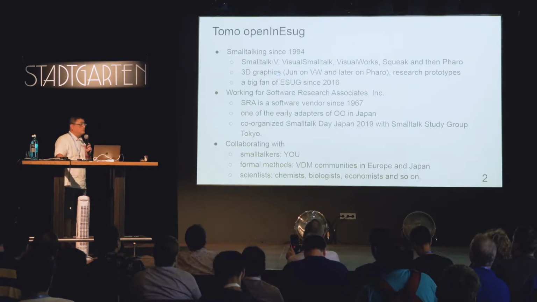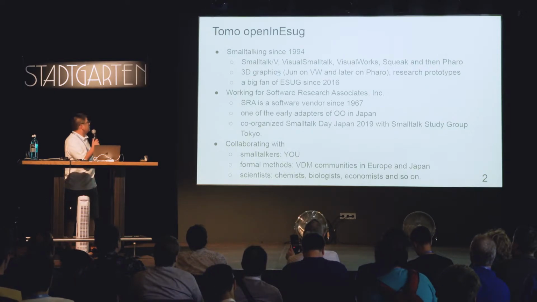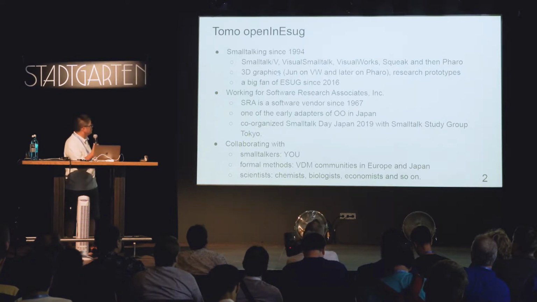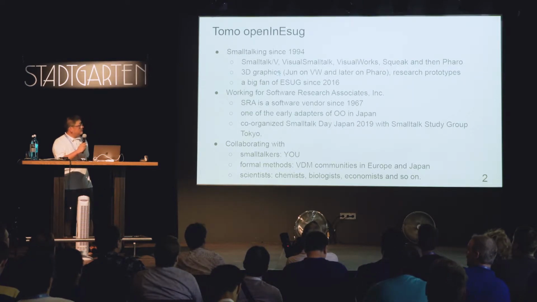So I'd like to make a little self-introduction. I've been enjoying Smalltalk programming since '94. My first Smalltalk was Smalltalk V and Visual Smalltalk. I enjoyed some Parts Workbench out there, and then moved to VisualWorks and did some Squeak work, and now I'm mainly using Pharo.